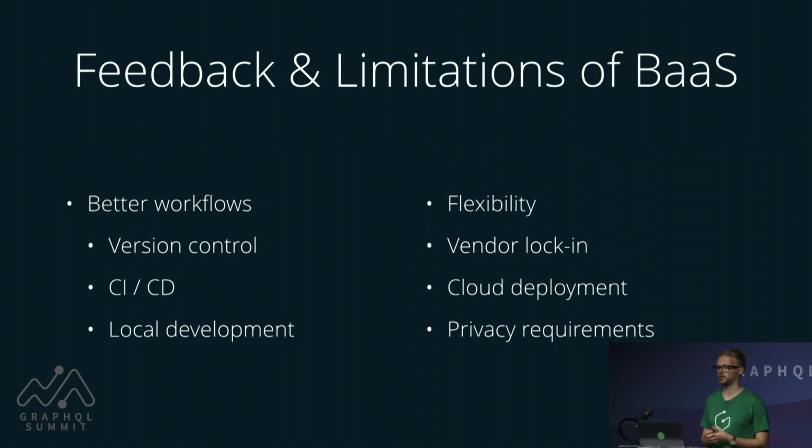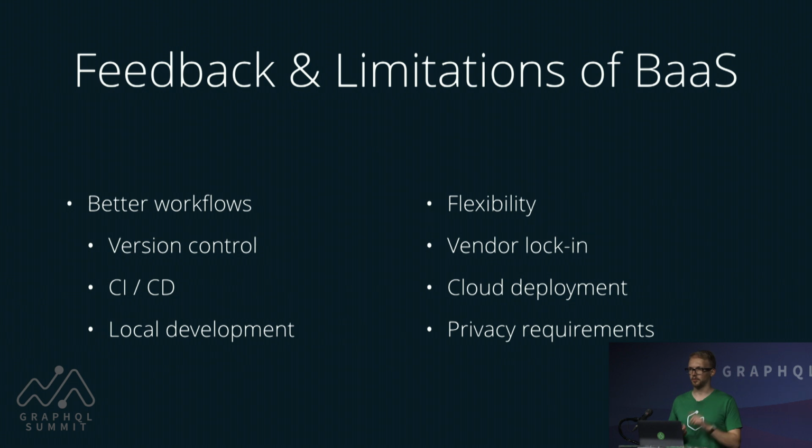So together with our community, we've got a lot of feedback around how to evolve the workflows. You want to have a local development workflow. You want to be integrated into continuous integration, continuous delivery, and in general get more flexibility. But most importantly, there's really this big problem around vendor lock-in.